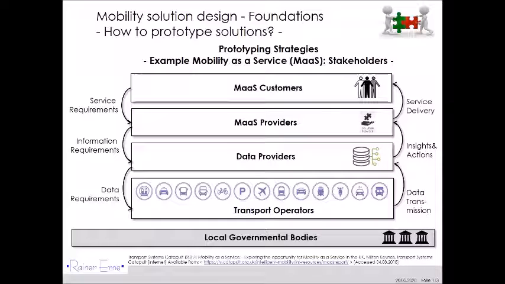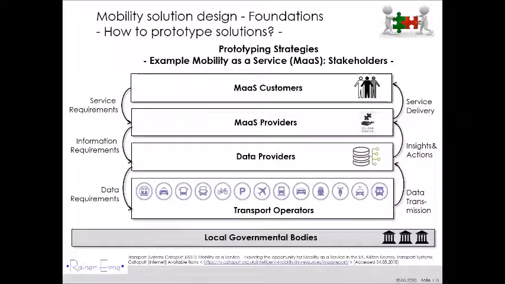And when we view the whole solution, like MIM, for example, you have, and this is the stakeholder view, 5 different stakeholders in this solution. The first stakeholder, of course, is the MaaS customer, who has certain requirements regarding the services which are needed. And these requirements are addressed to the MaaS providers.